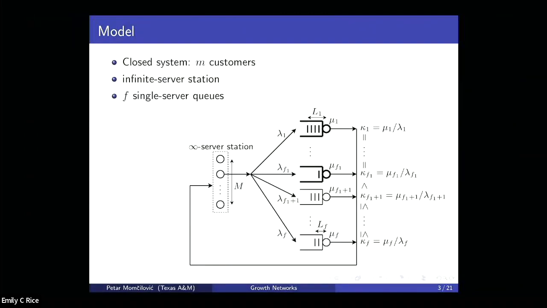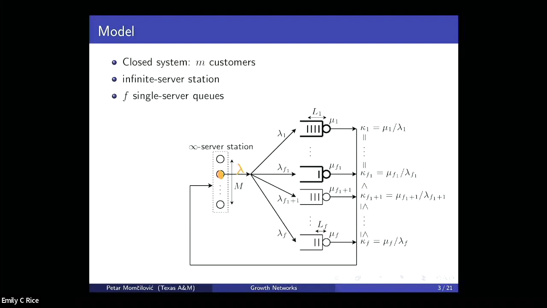If I look at a given monomer, let's say this customer, it attaches to this filament with rate lambda 1 and so on. So the total attachment rate, you can think of this as lambda, the sum of all rates.